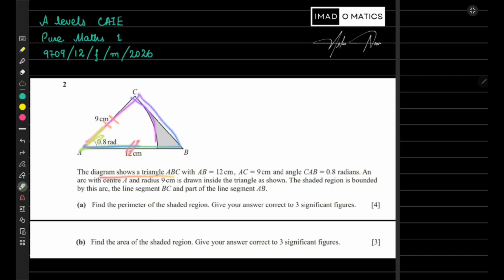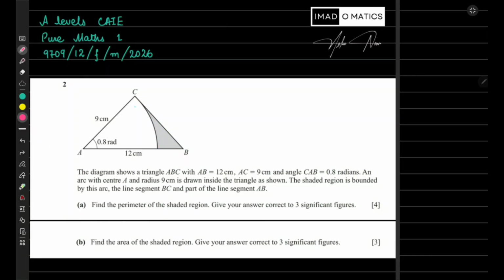An arc with center A and radius 9 centimeters lies inside the triangle. The shaded region is bounded by this arc, the line segment BC, and this part of line AB. We need to find the perimeter of the shaded region.